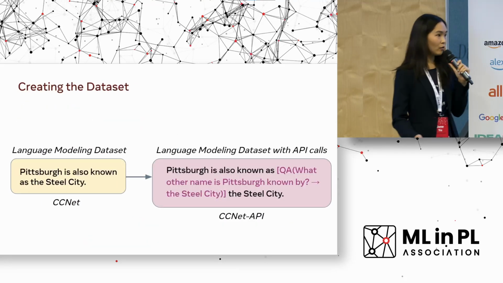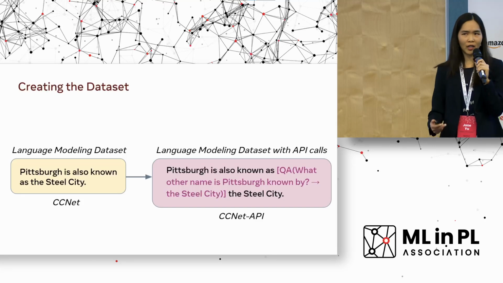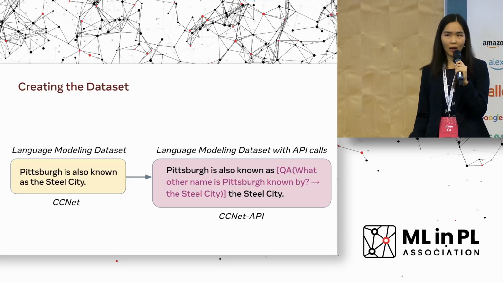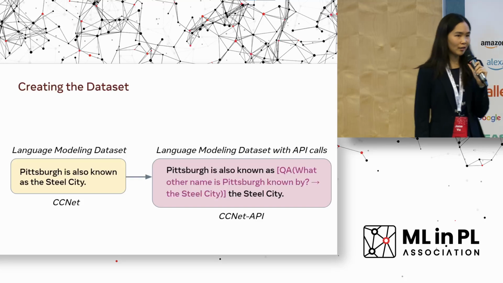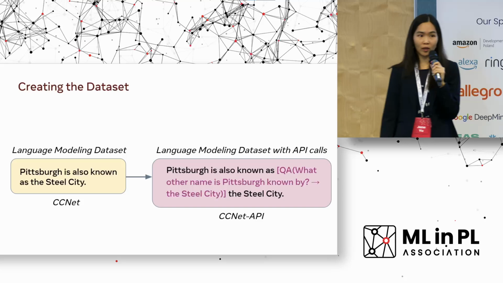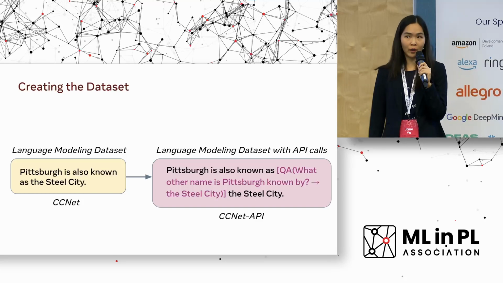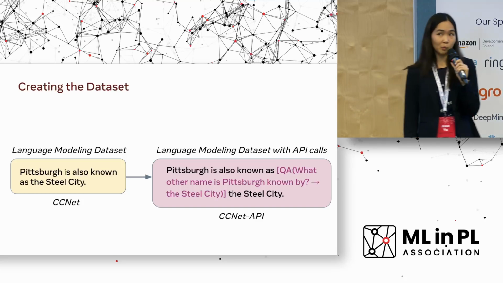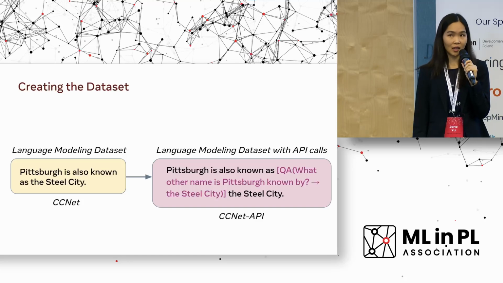And so now we move on to the first challenge of how do we create this data set that's augmented with API calls? And the way we're going to do that is by taking a standard language modeling data set and then augmenting it with API calls that are actually useful. So here we might have a sentence, Pittsburgh is also known as the Steel City.